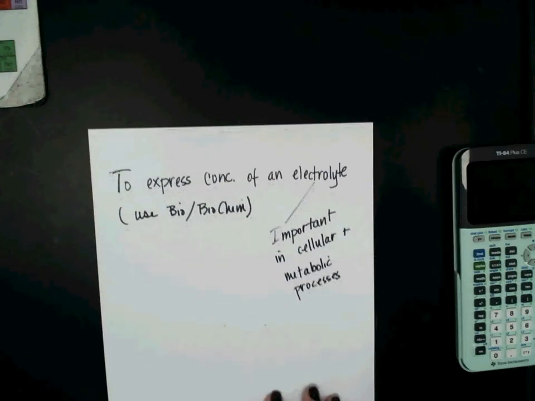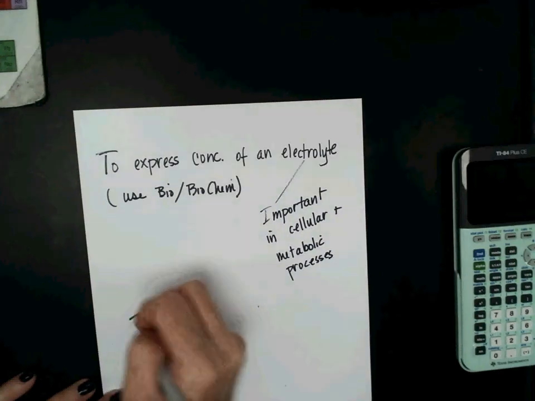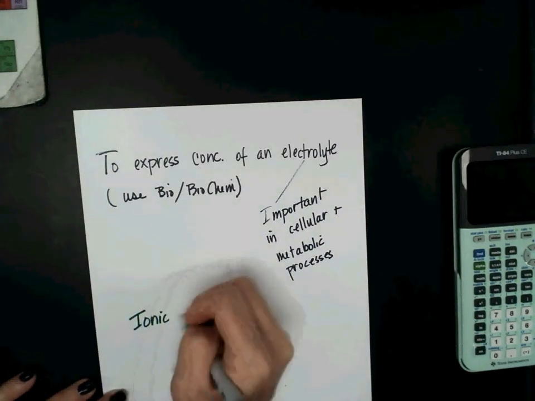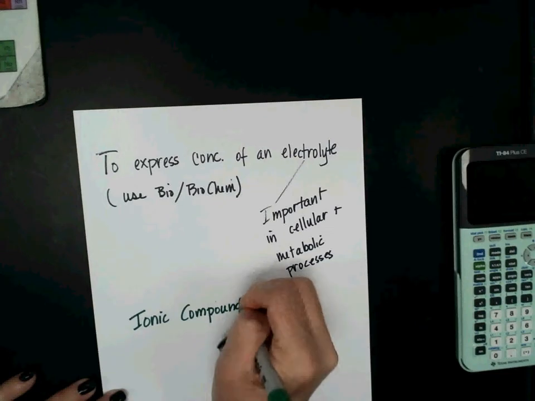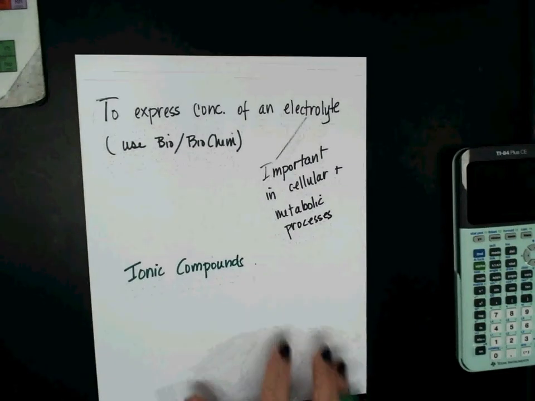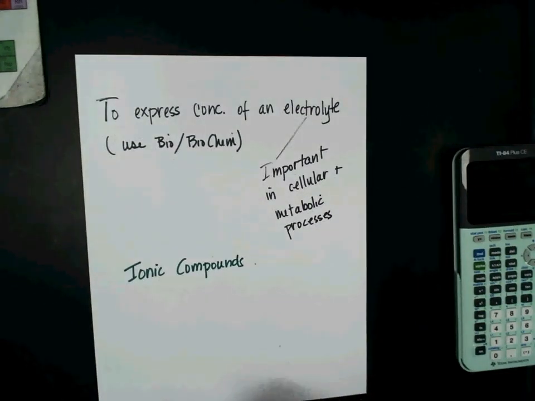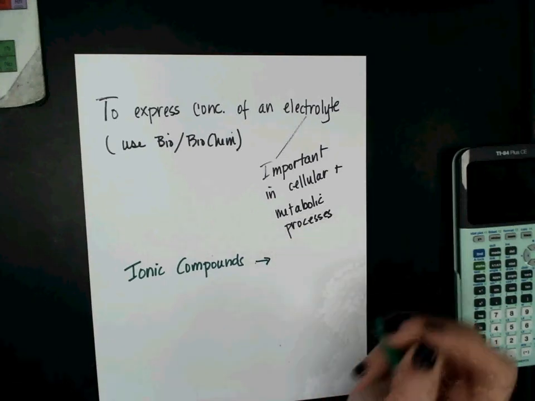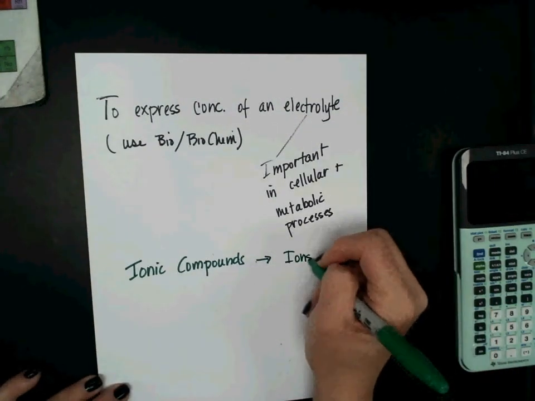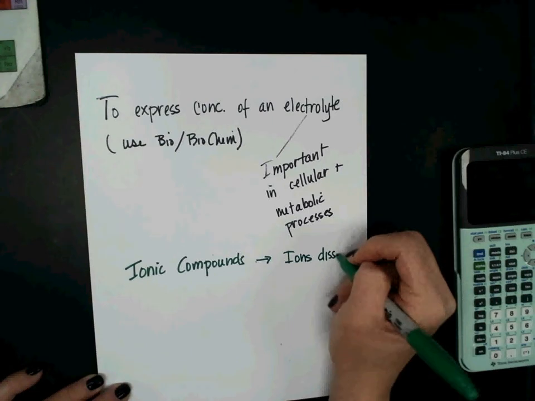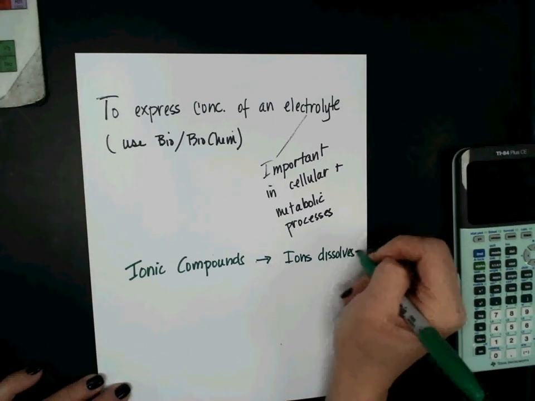You'll just be given at this point some kind of an ionic compound, because most of the time those electrolytes in our body start out in the form of some type of ionic compound. We know if I have an ionic compound, I get ions when it dissolves.